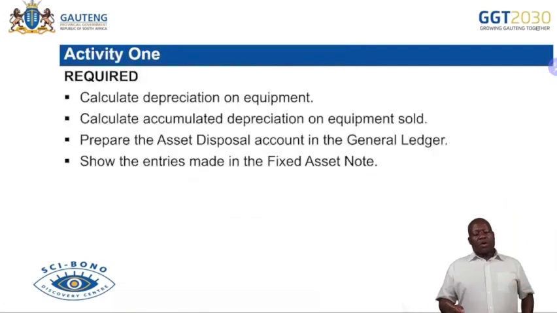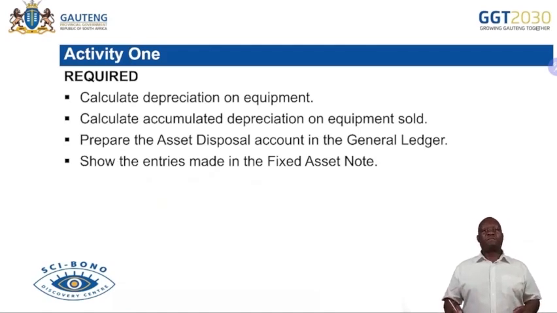Now, let's go through activity 1. Today we are going to try and do it differently. I'm going to go through activity 1 with you. When we are done with activity 1, the other activities follow. We are going to be giving one another time.